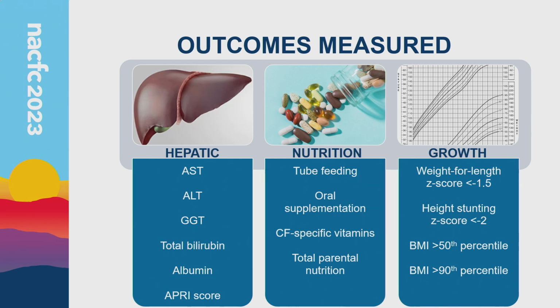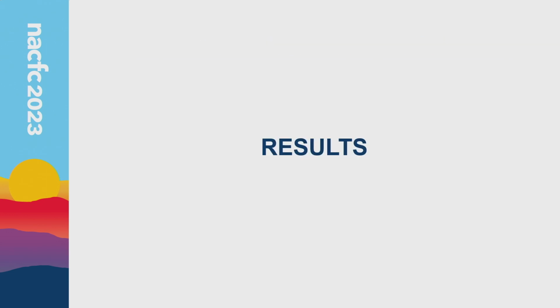And growth outcomes included weight for length Z-scores, height stunting, which was defined as a Z-score of less than -1.5, and height stunting with a Z-score of less than -2. We also looked at elevated BMI, since there are increased rates of obesity in the Hispanic population, and increased BMI is associated with fatty liver disease.